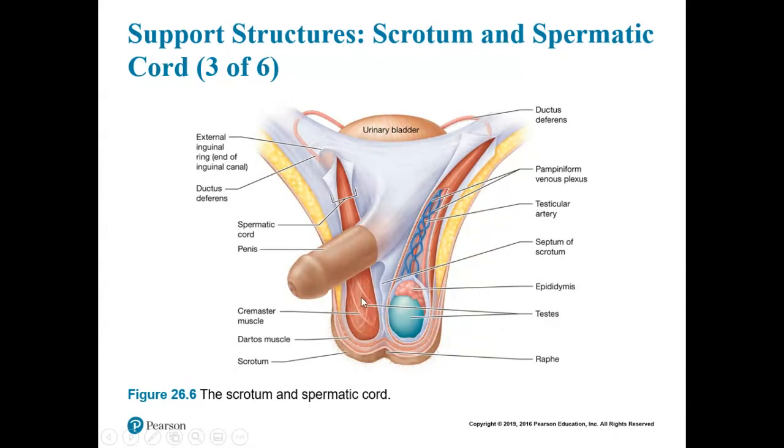So if this muscle contracts, then the testes are going to tend to move inwards into the body, closer to the body. The relaxation of the cremaster muscle is actually going to allow extension of the scrotum, therefore allowing the testes to extend outward and away from the body.